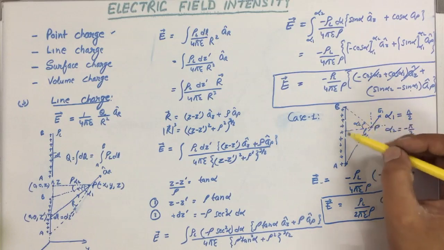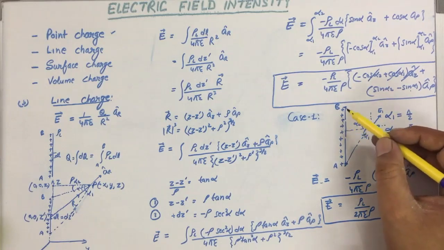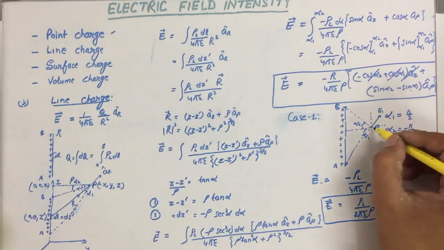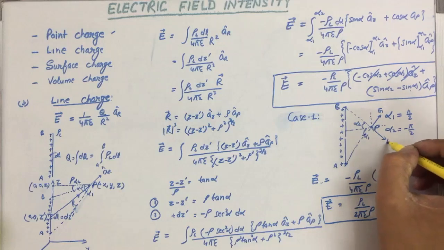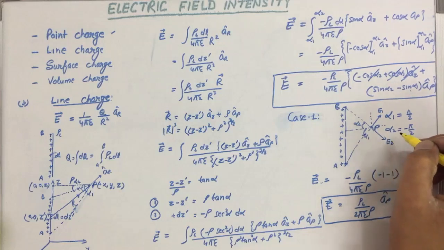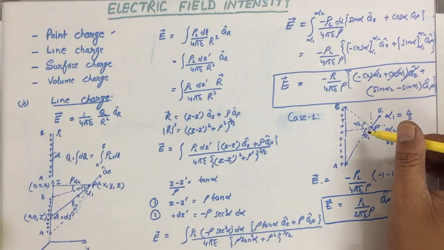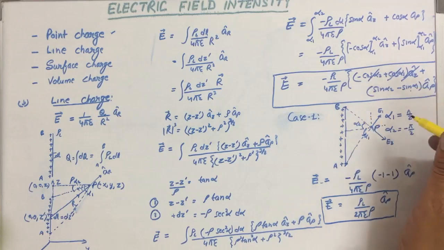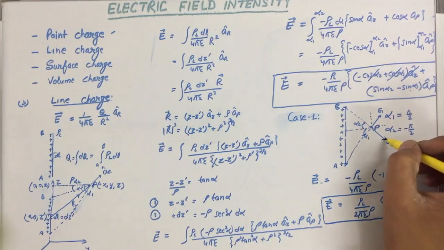Consider another point that is at the same length from the perpendicular at the top. It will give you, for example, consider it E2. Since it is at the same position in the other direction, the components of this will be this and this.